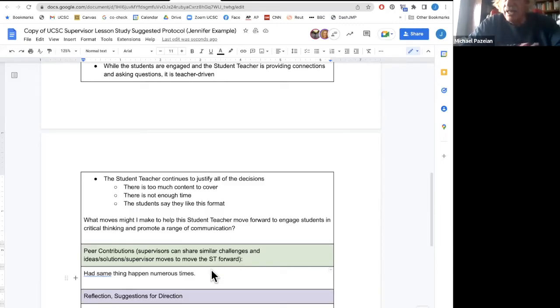Critical thinking is critical, and I would suggest you consider in every lesson, take yourself off stage, put your students on stage. You want to make your students active learners, not passive.